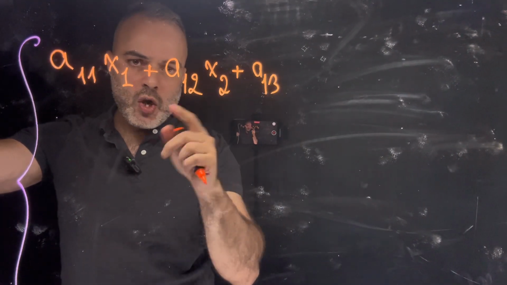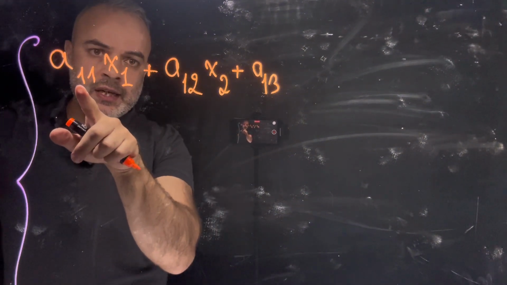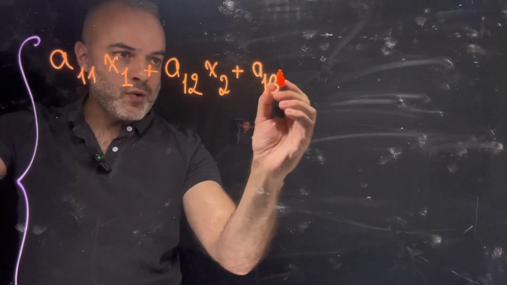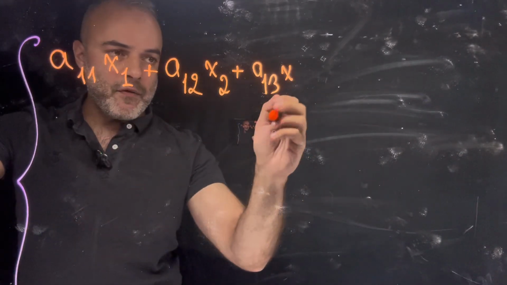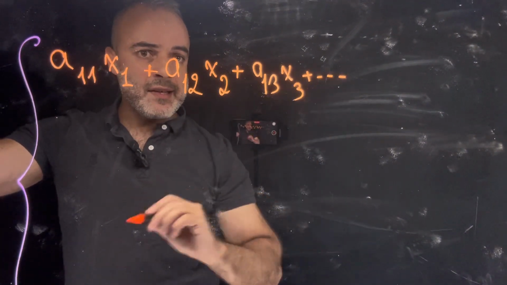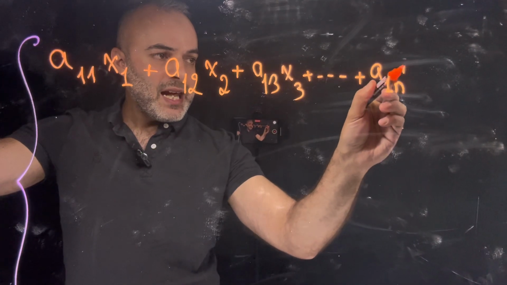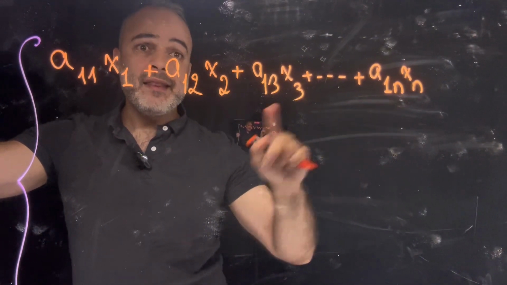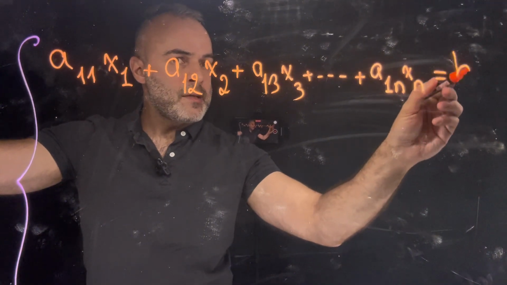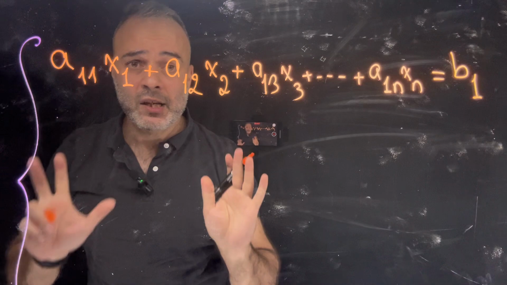You might have noticed that the first number in these indices is not changing here, and the second number is increasing by 1, right? I'm talking about the a's, the coefficients, x3. Why is that? I will explain. Plus, etc. Plus a1n xn, that's the nth unknown or variable, equals some constant b1. So that is the first equation. That is equation number 1, right?